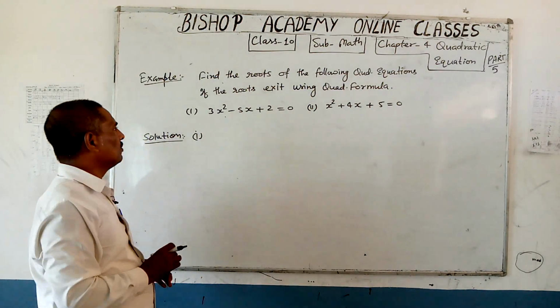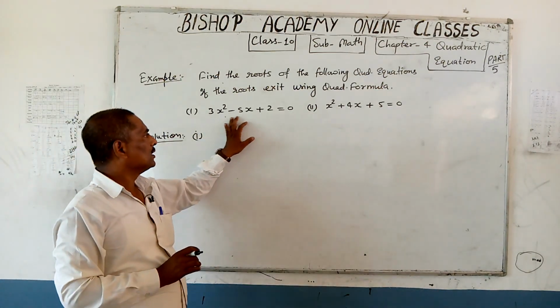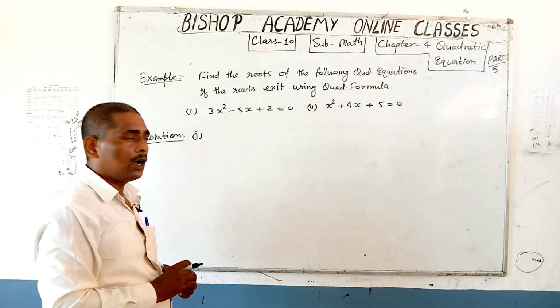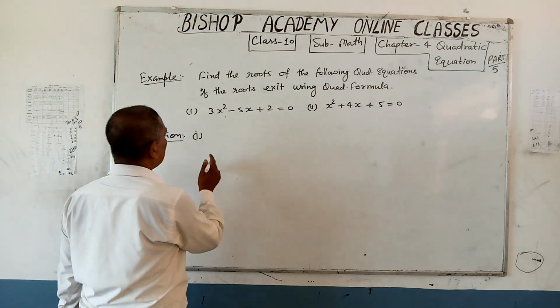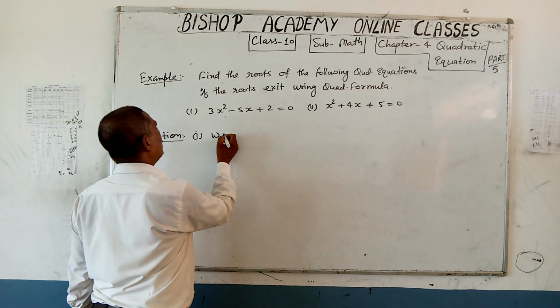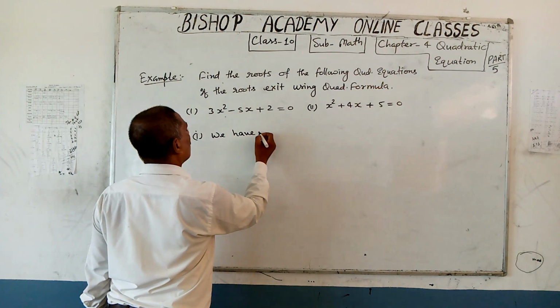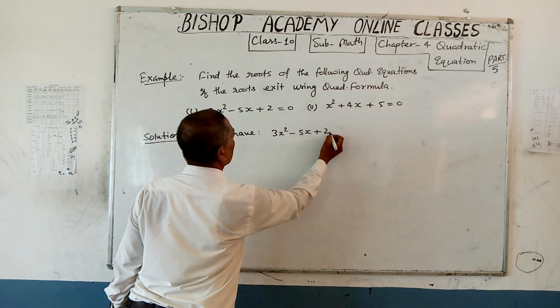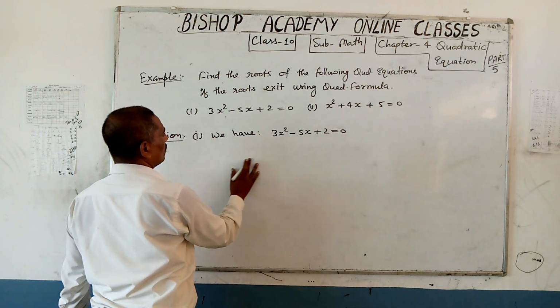So let us check the first equation: 3x square minus 5x plus 2 is equal to 0.